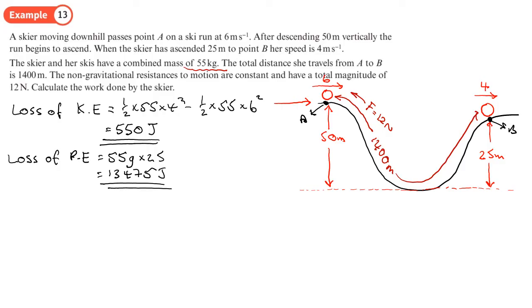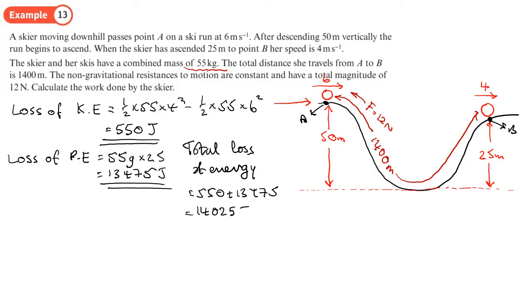So their total loss of energy is going to be the 550 plus the 13475, and I get 14025 joules. That's how much has been lost.